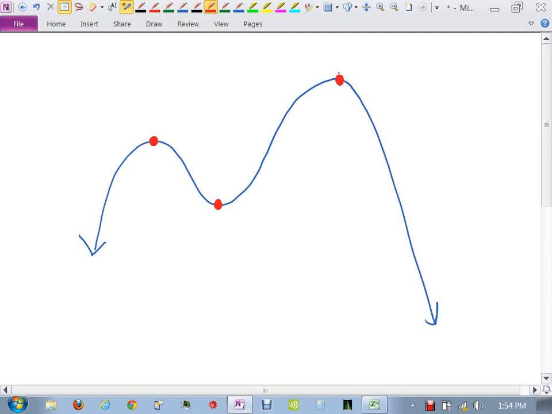All these points are called local extrema, right? This one right here is called a local maximum. This is called a local minimum. This one's called a local maximum.